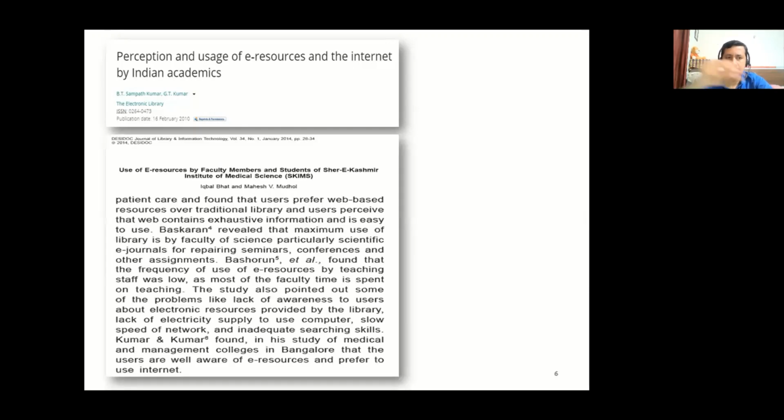So let's take one example. Here is another article published on more or less a similar subject, use of e-resources, in the year 2014 in a different journal. The authors are Iqbal Butt and Mahesh V. Mudhol. In this case, if you observe at the bottom, there is a citation found in the text.